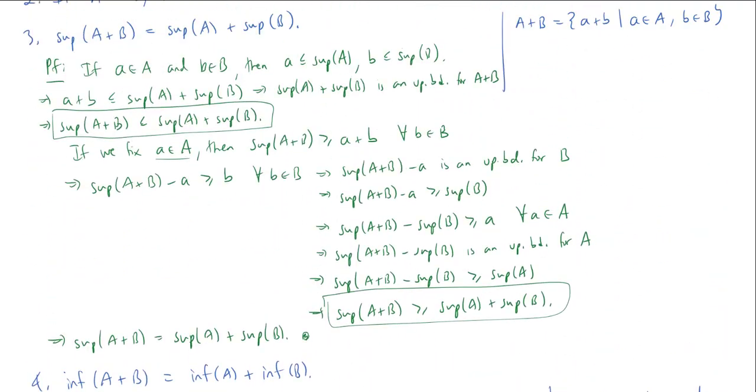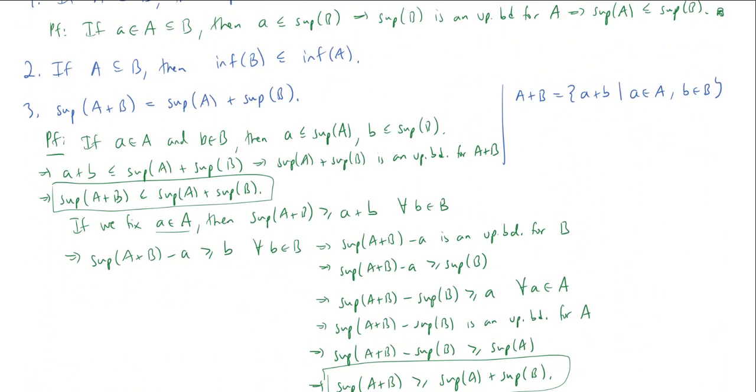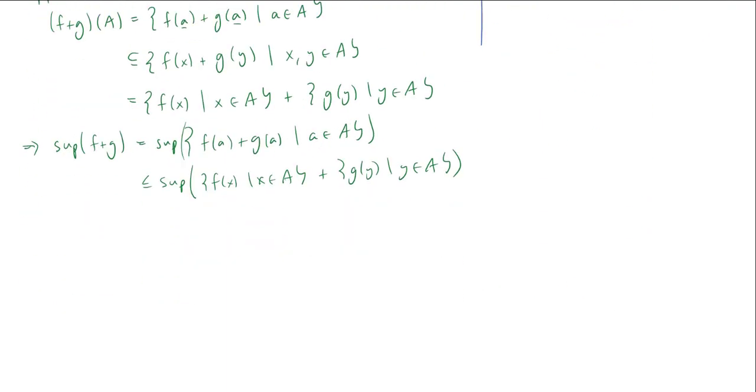And if we go back up to number 3, we know that the supremum of a sum of sets is the sum of the suprema of the sets. And so this is equal to the sup of the set of all f of x, x in A, plus the sup of the set of all g of y, where y is in A.